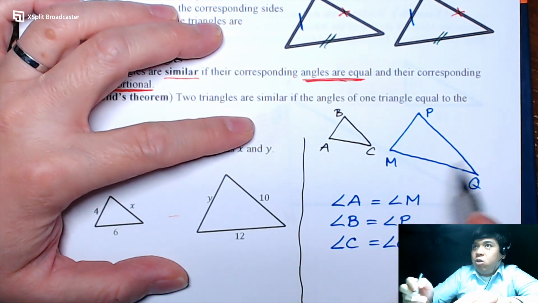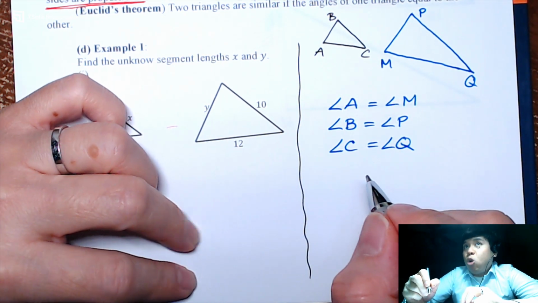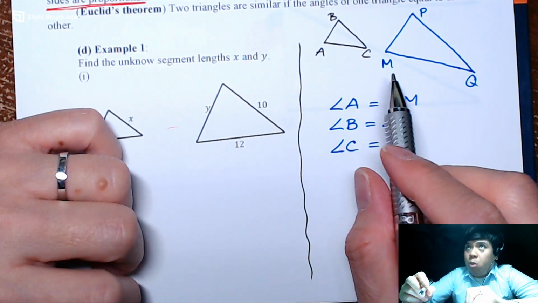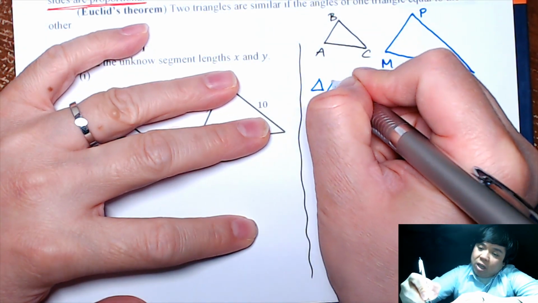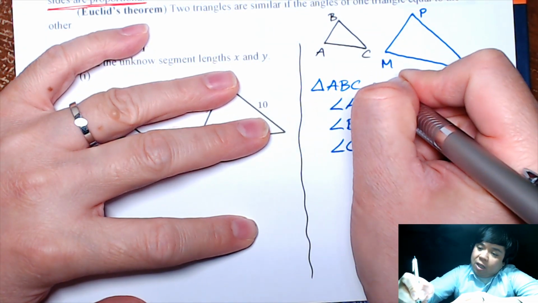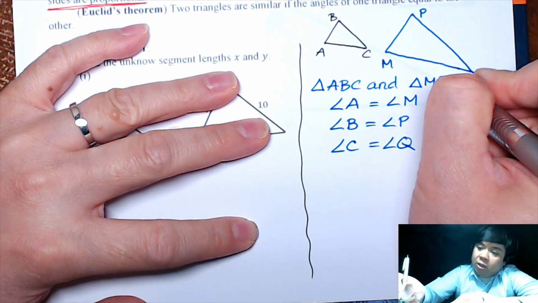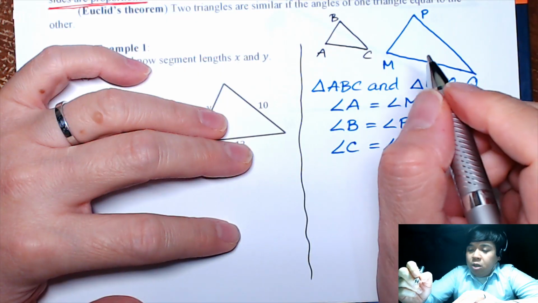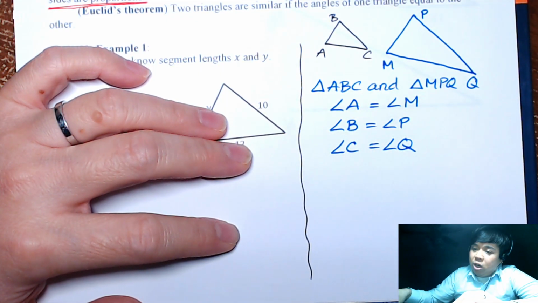Right, corresponding angles are equal, and the sides are proportional, meaning, okay, I write triangle ABC and triangle MPQ, they are similar, so the angles are equal. Now the ratio, what do I have?